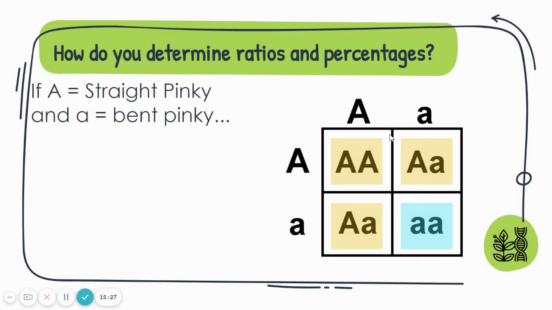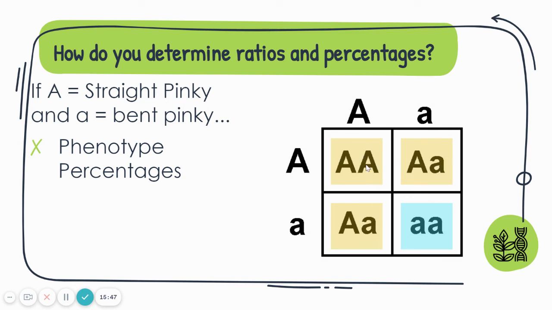So let's look at the trait for this. The big A is going to represent a straight pinky, little a is going to represent a bent pinky. We can also determine ratios and percentages for the phenotypes. So for the dominant phenotype, how many boxes are going to have a straight pinky? It's going to be 3.